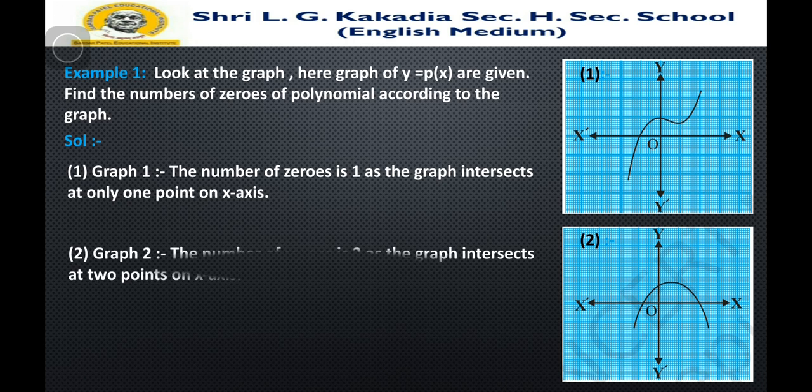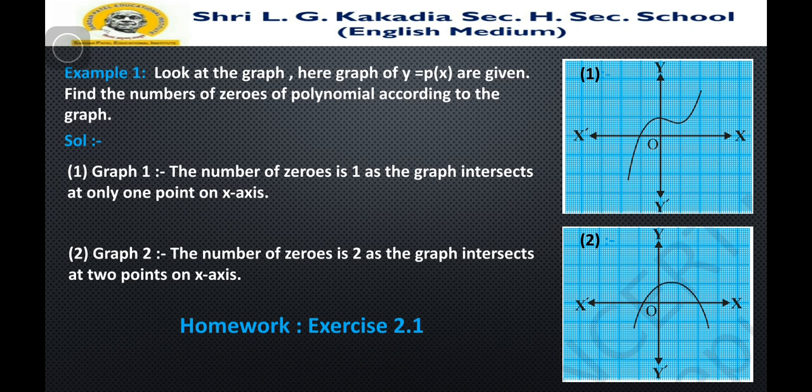The solution for graph 2 is that the number of zeros is 2, as the graph intersects at 2 points on the x-axis. In this way you can find the zeros of any polynomial by geometrical meaning. In homework exercise number 2.1, it is so easy to find zeros of the given polynomial by using the graph.